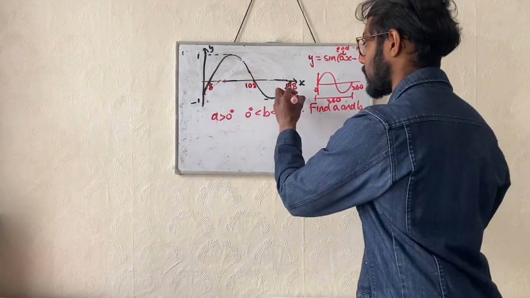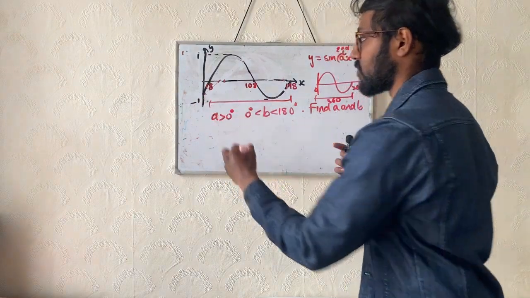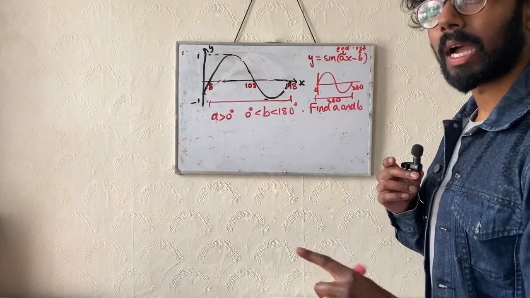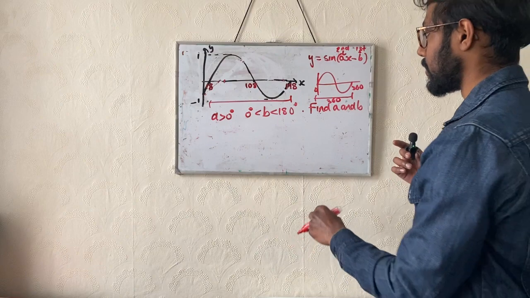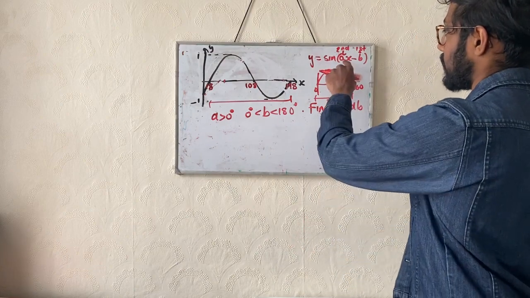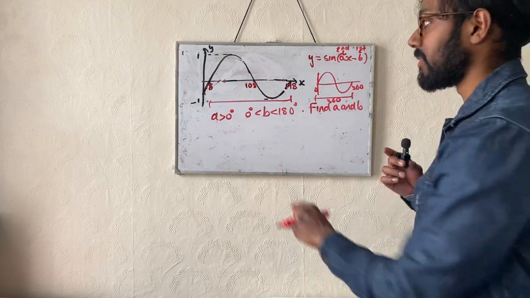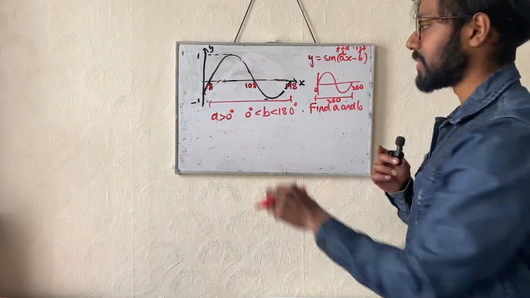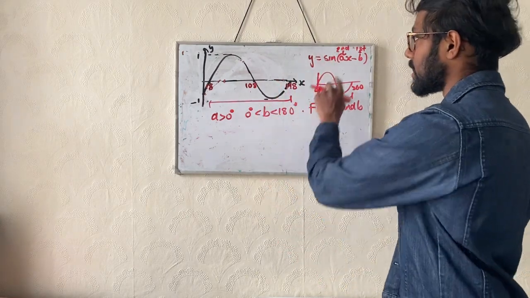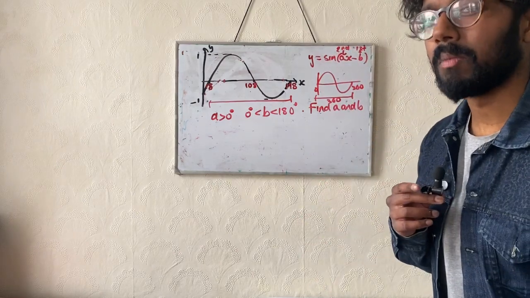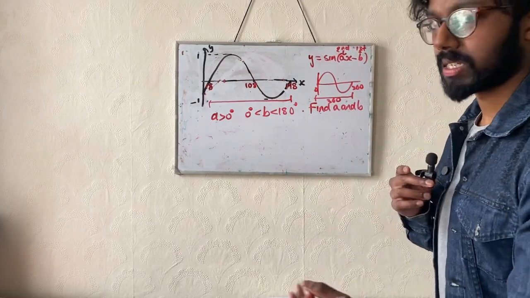So if I can work out the width of one oscillation of this transformed graph, I can then work out what A is. For example, if A is 4, then I would multiply 360 by a quarter, and the period would be 90. So if this was 90, I'd do 360 divided by 90 to work out A. It isn't that here, but we'll work it out precisely right now.